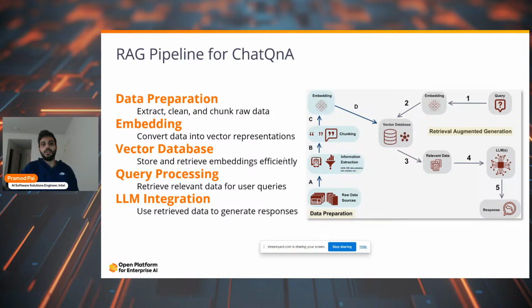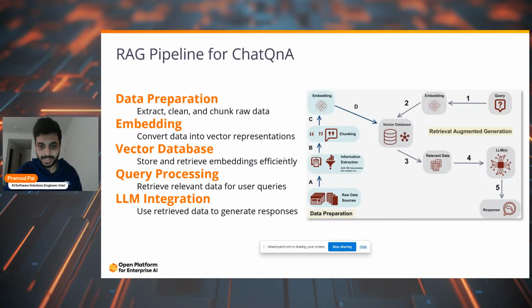Now, before we get into the demo itself, let's get a quick background on RAG, and then I will show you the architecture diagram on OPEA for RAG, and then we can move on to the demo. In this slide, let's look at what RAG is, that is retrieval augmented generation.